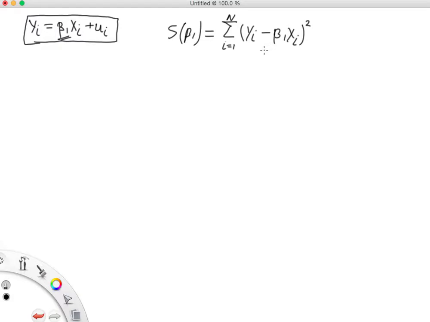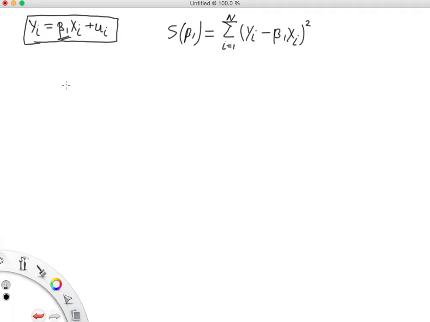The minimization technique requires that we take the first derivative or partial derivative of this function with respect to beta 1, equate it to 0, and solve for beta 1, and that's the estimator for beta 1 hat. Sorry, beta 1. Beta 1 is the population beta 1, but we need to find an estimator for it, and that's the solution.